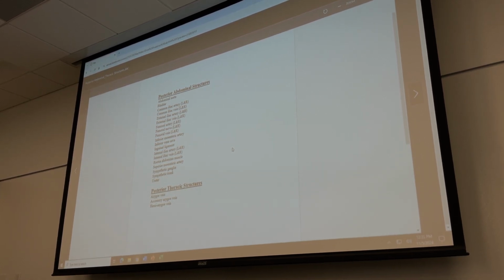Internal iliac arteries and veins. Y'all should know the rectus abdominis muscle, right? I think it's just on our list because it's in the picture of your book. Superior mesenteric artery, yes. Sympathetic trunk and sympathetic ganglia, you don't need to know. Those are nerves on the posterior abdominal wall, but I won't go over them.